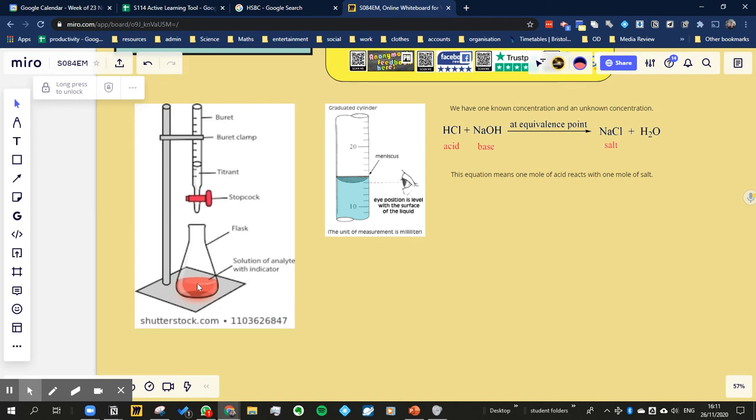So when they ask you a question about how you carry out a titration, it's really all about making sure that you record an accurate volume, the volume that is necessary to neutralize whatever is down here. So we have to add some sort of indicator so that we can see when we've neutralized it.